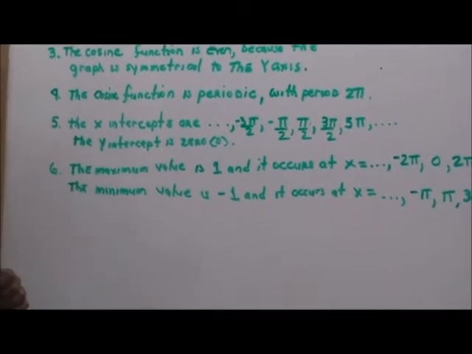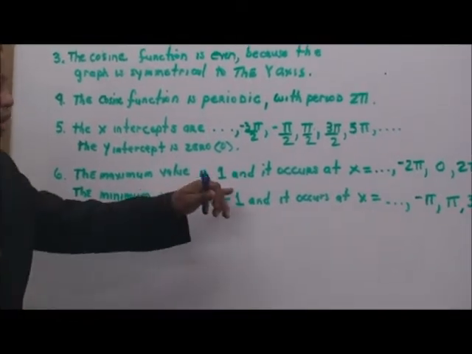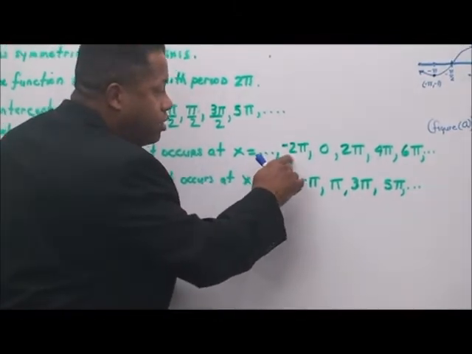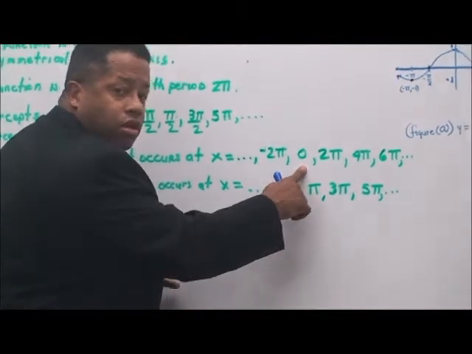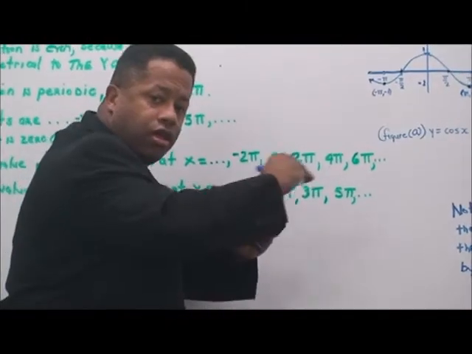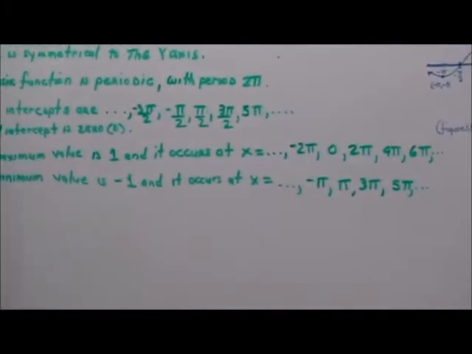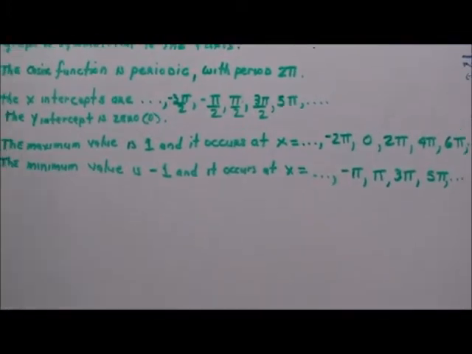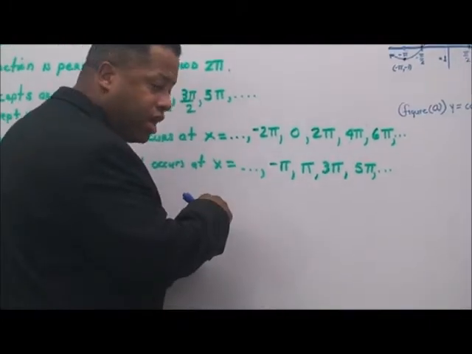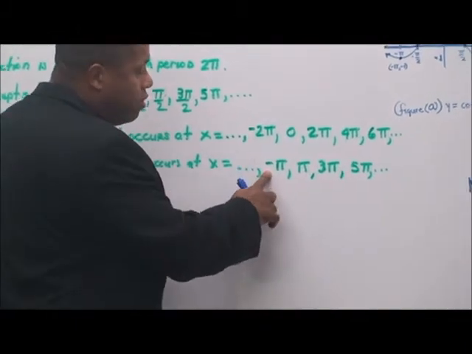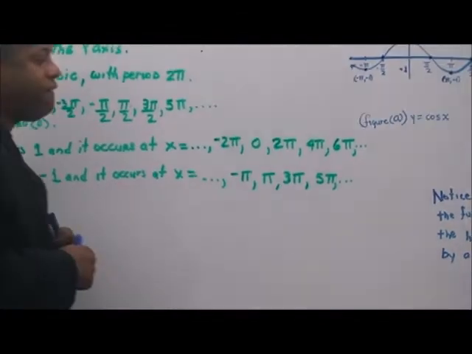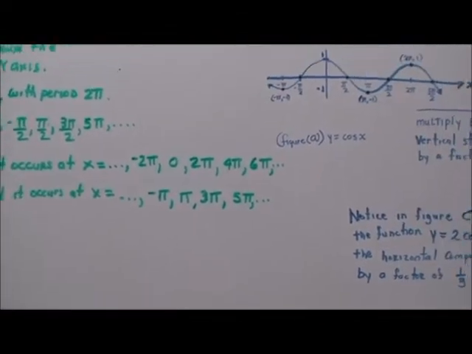The maximum value is 1, and it occurs at x equal to negative 2 pi, 0, 2 pi, 4 pi, 6 pi, and so forth. And the minimum value is negative 1, and it occurs at x equal to negative pi, pi, 3 pi, 5 pi, and so forth.